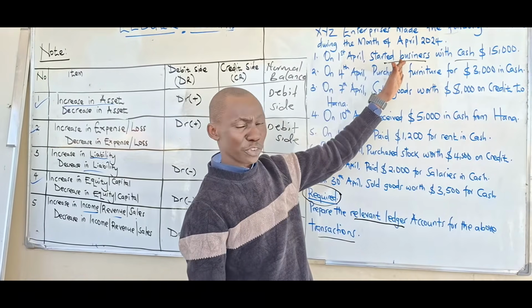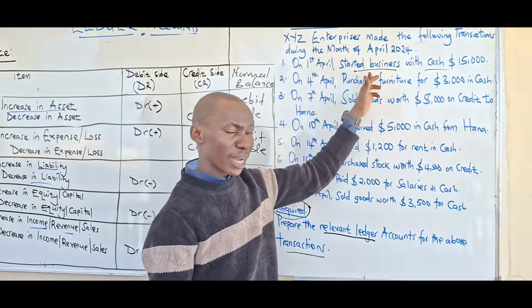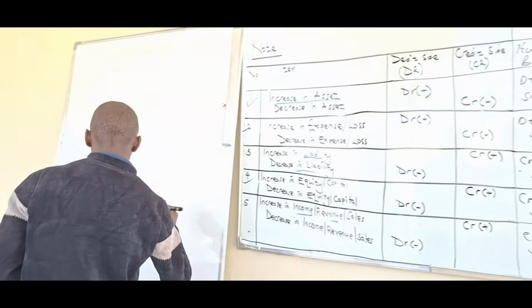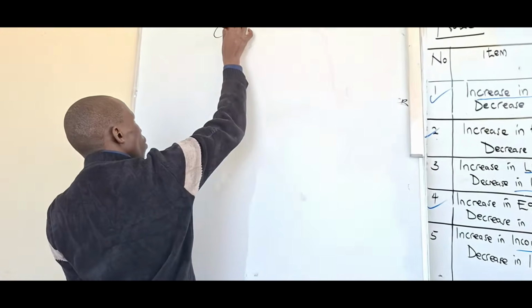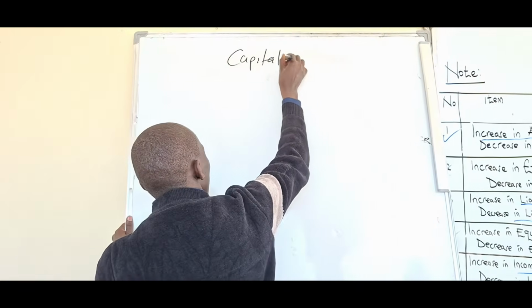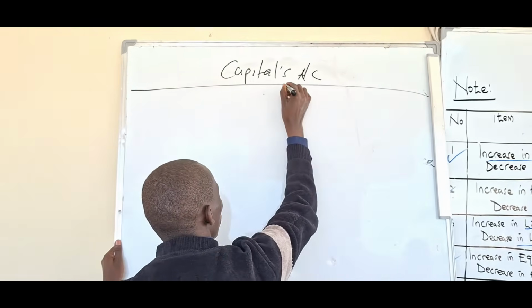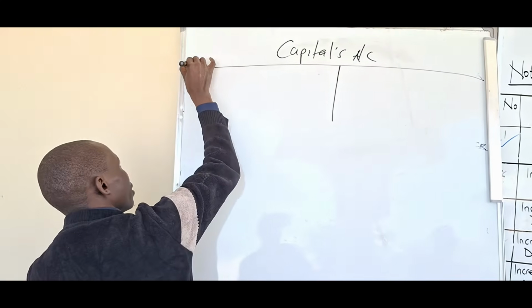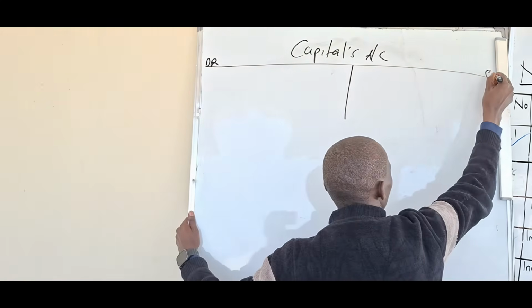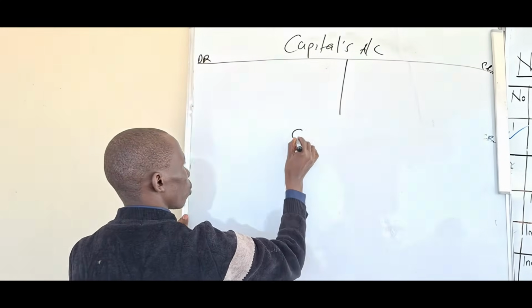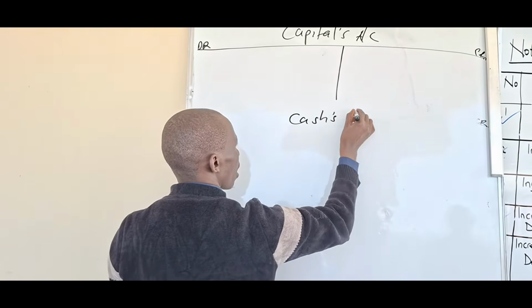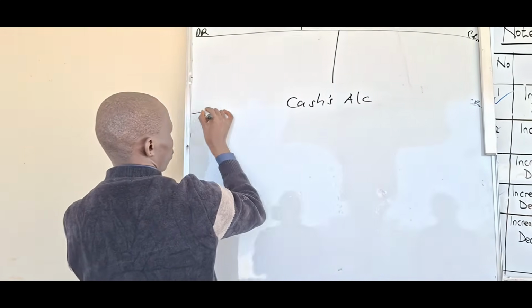That will become capital for the business. We are going to open the capital account. You draw the capital account. We can even summarize like this: capital account, and cash account. It comes very simple.